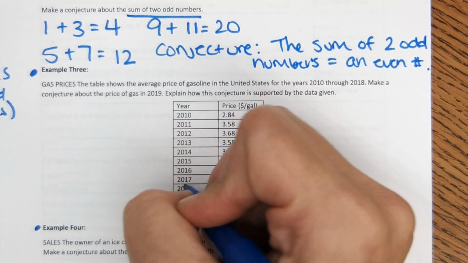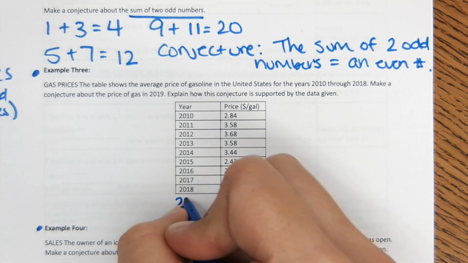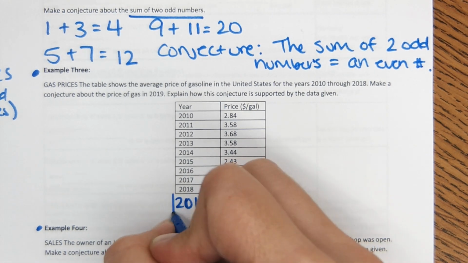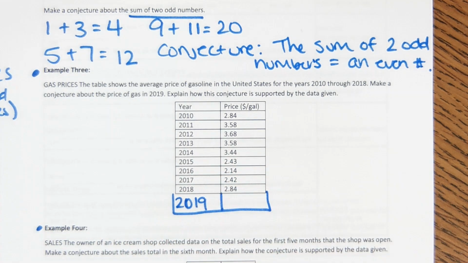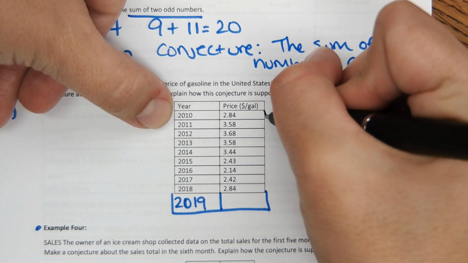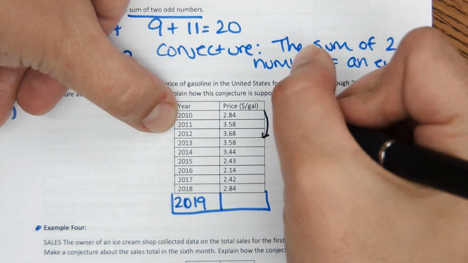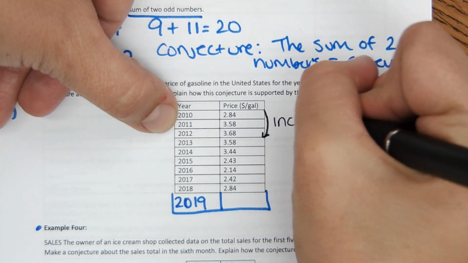So here it shows 2010 to 2018. We're going to make a prediction about 2019 and what that gas price is. Okay, so based on this chart, I'm going to look at whether it's increasing or decreasing, or what years it's increasing or decreasing. Let's see, from here to here, 284 to 368, it's increasing.